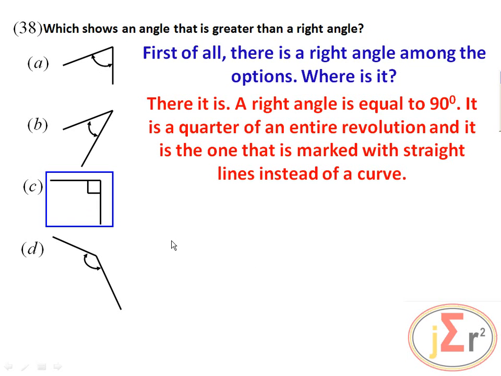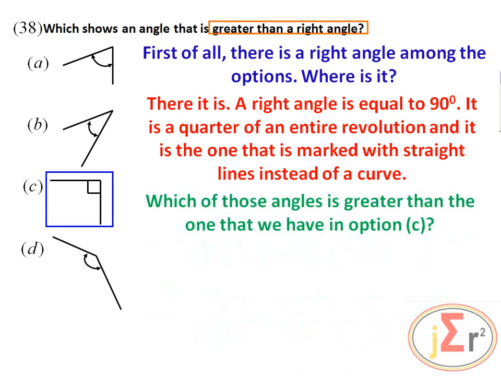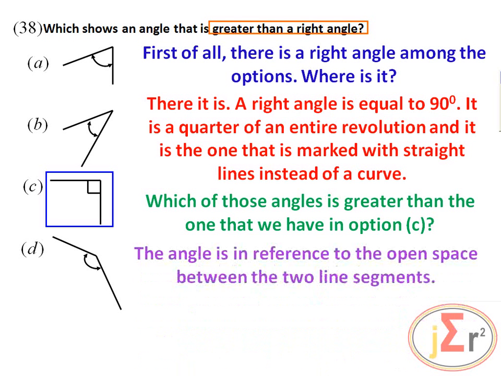The right angle is this one that is marked with straight lines. Greater than a right angle. We need the one that is greater than a right angle. Which of those angles is greater than the one that we have in option C? Which one is greater, or obviously greater, or appears to be greater, Jerry? Option D. Okay, option D is greater. Therefore, option D is our correct answer.